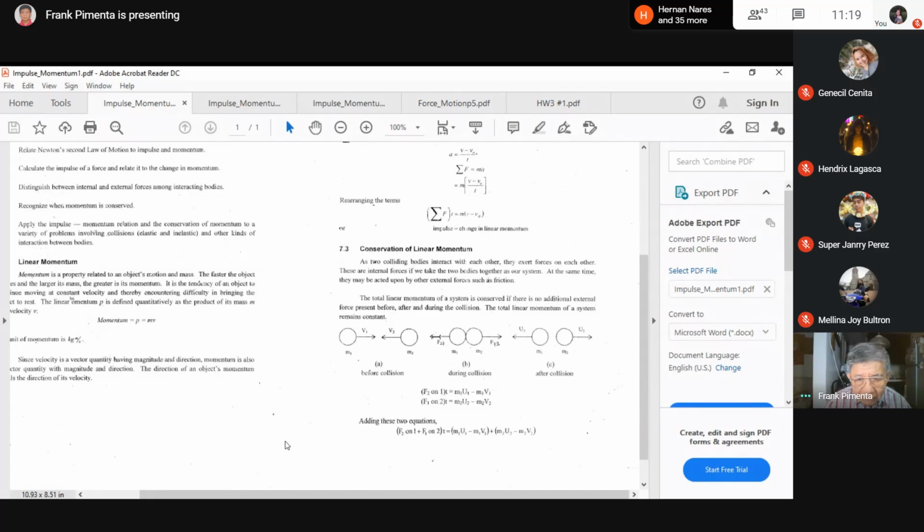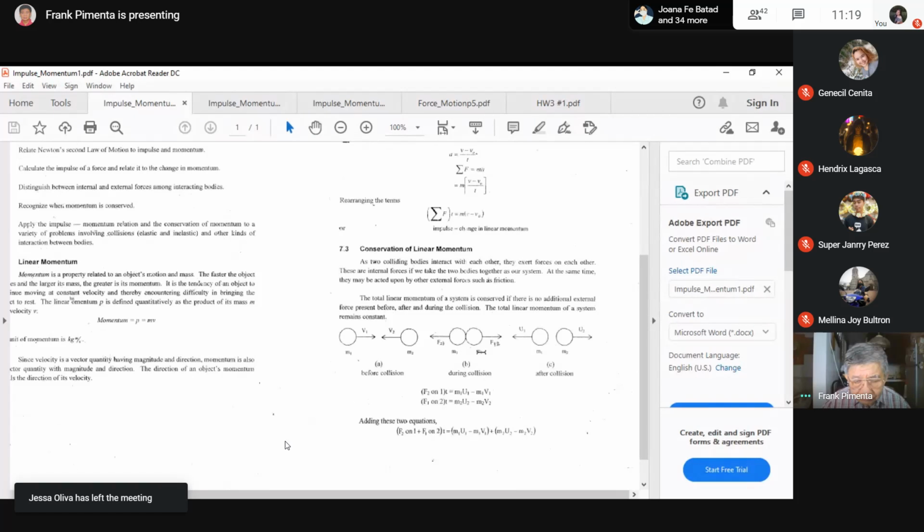We call it F2 on 1. That means the subscript 2 refers to body number 2. So this force is produced by body number 2 exerted on body number 1. That's why it is F2 on 1.